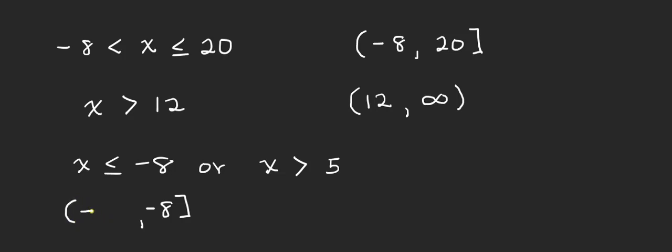So it's parentheses, negative infinity, comma, -8, bracket. It says or, so we're going to use this symbol. It's a union symbol. And this time you have x is greater than 5, and 5 is not included, so parentheses, 5, comma, infinity.